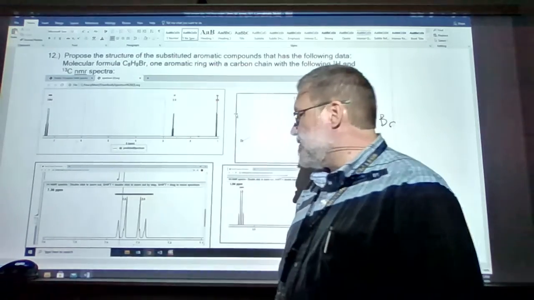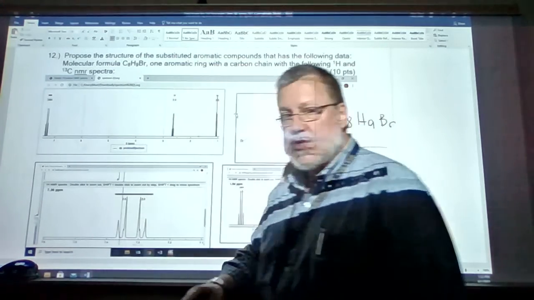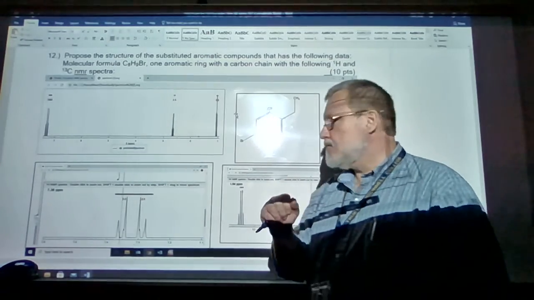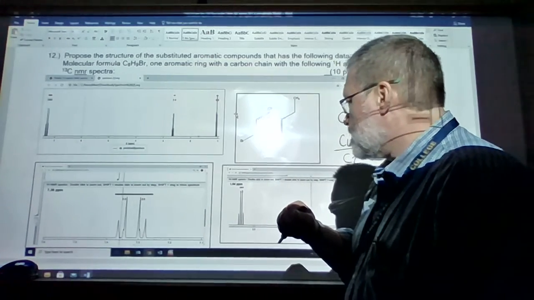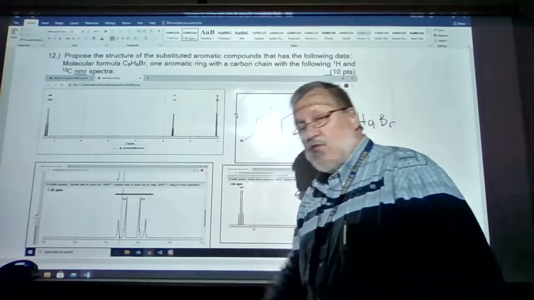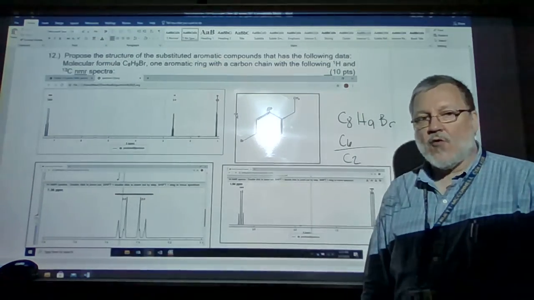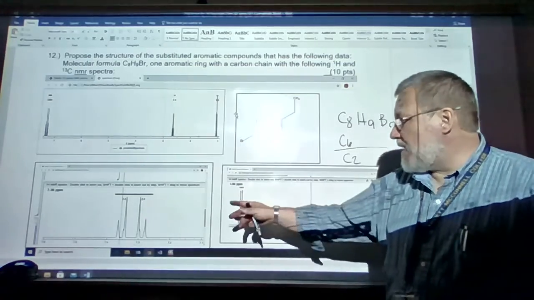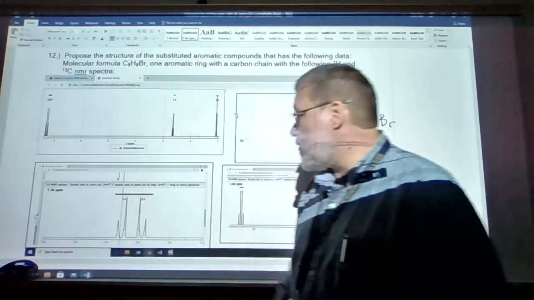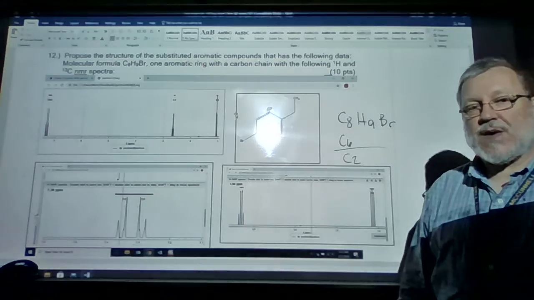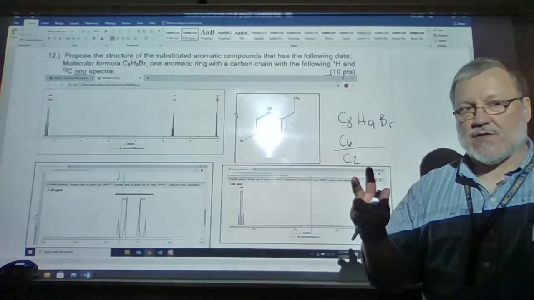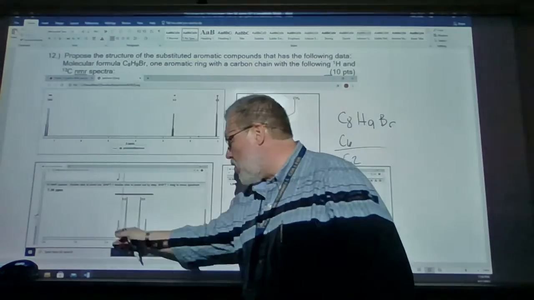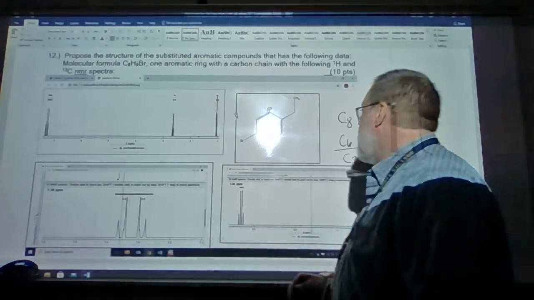Each of these peaks is integrating two hydrogens. So on your ring, you have only 2 kinds of hydrogens, but each one is integrating such that each peak represents 2 hydrogens. So we're saying we have 4 hydrogens total on the aromatic ring.